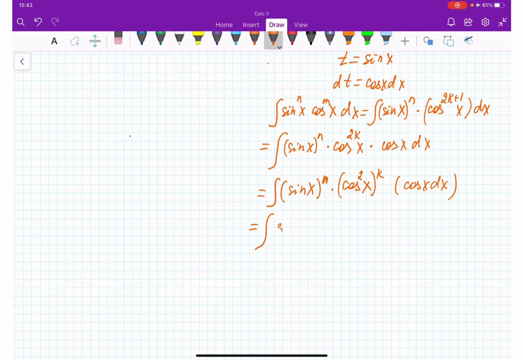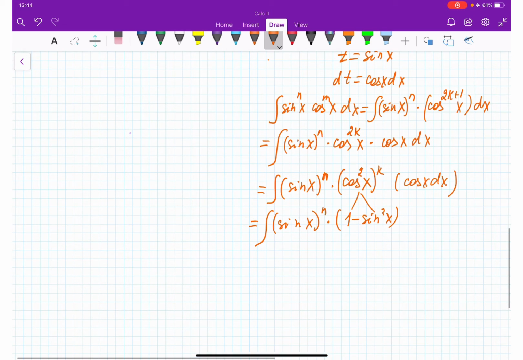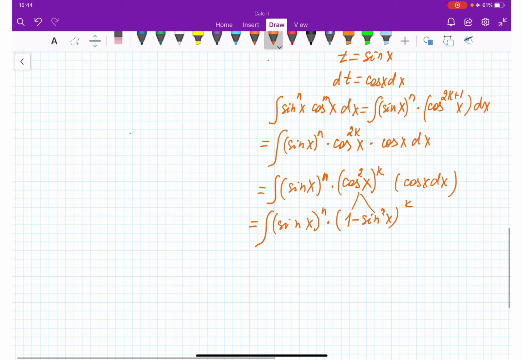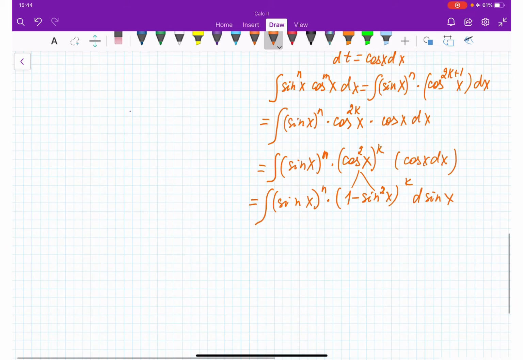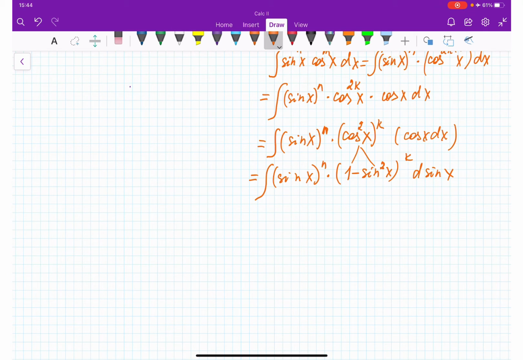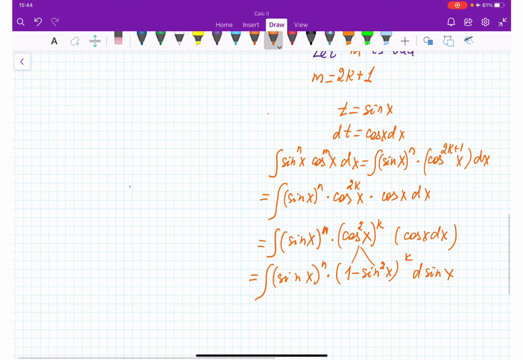So sine x to the power n times cosine squared x, which is going to be 1 minus sine squared x, right? To the power k, and times cosine x dx. We are squeezing cosine x under dx, and we are getting d sine x. And once we substitute sine x equal to t, right? Here it is.